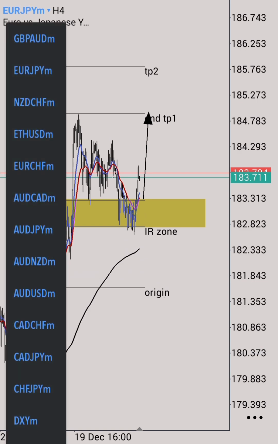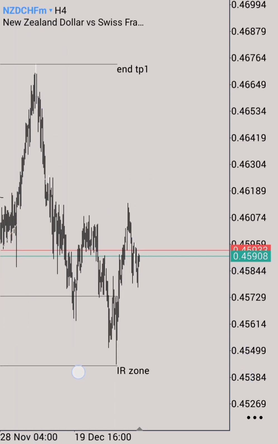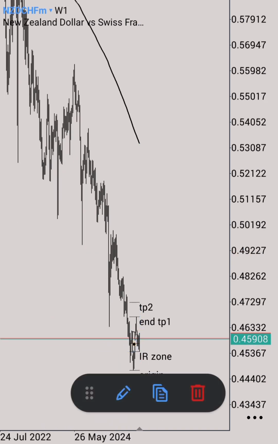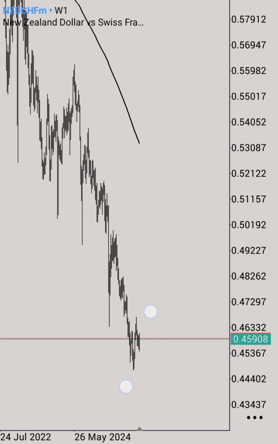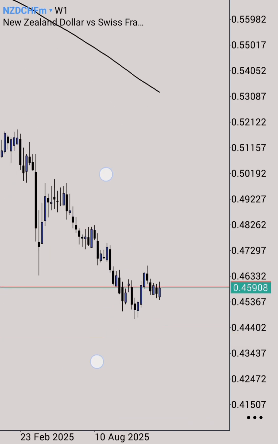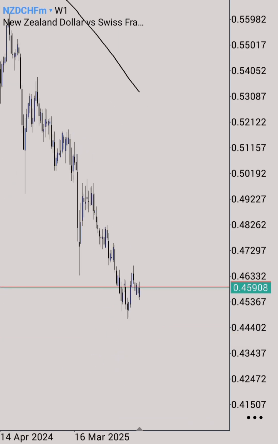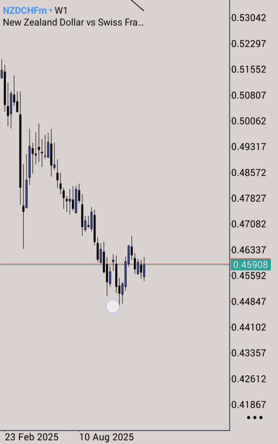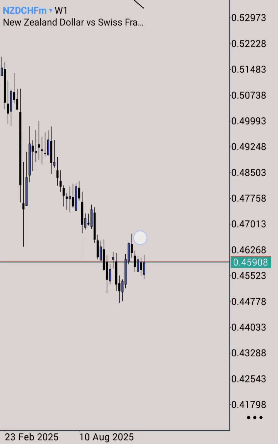Let's go to NZDCHF, right? NZDCHF. Start from the weekly time frame. All right. Now, right now, the market is at its extreme point, and we could see rejection to the upside.